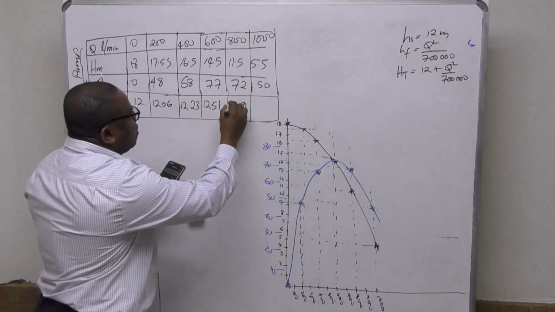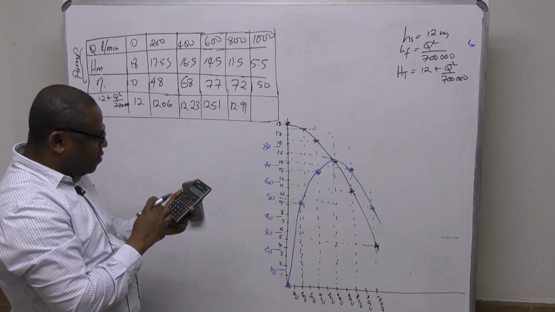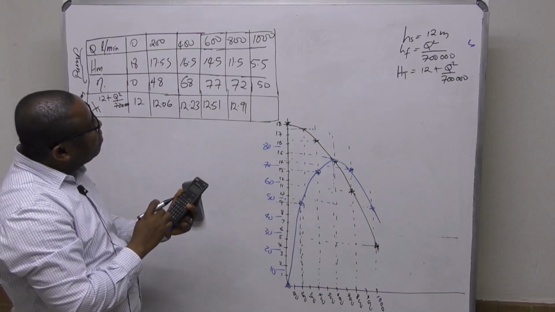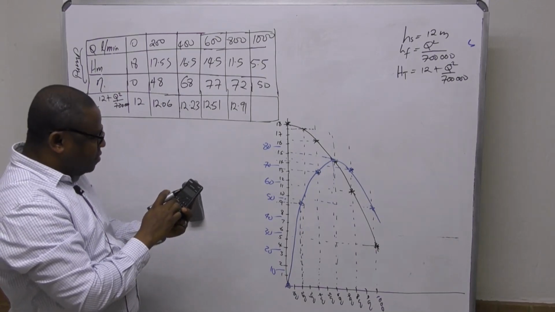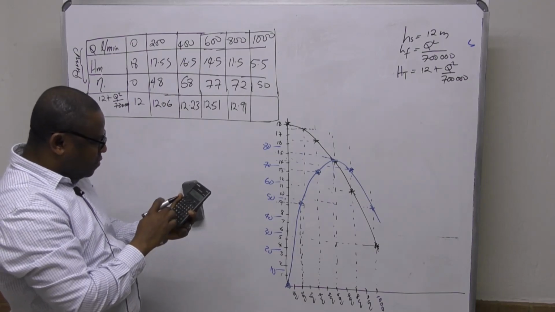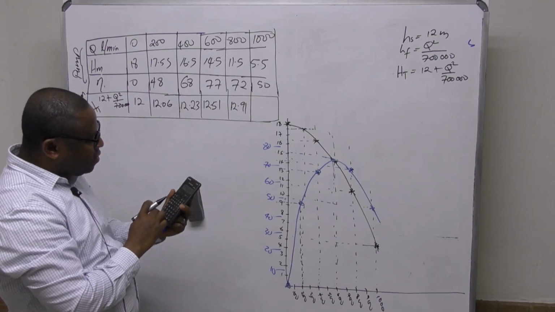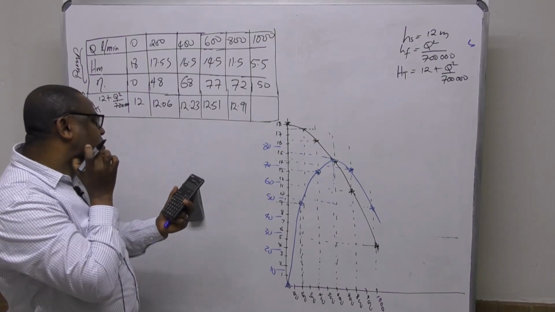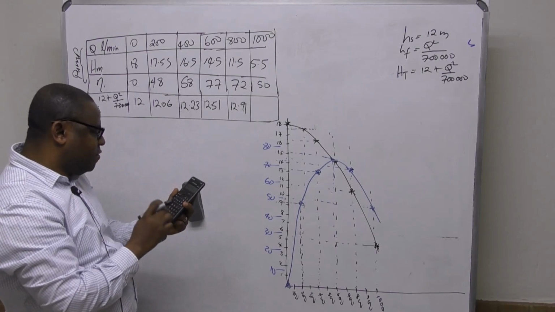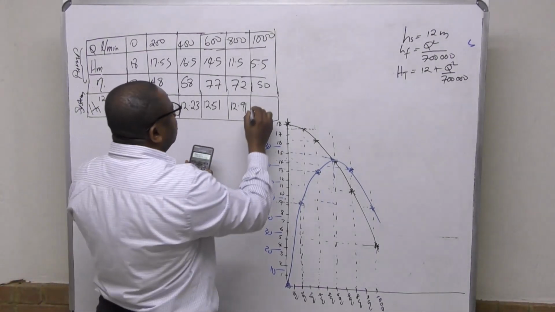Okay. Then we'll have 1,000 squared divided by 700,000 plus 12, about 13.43.